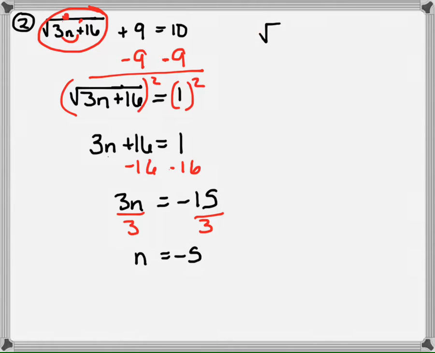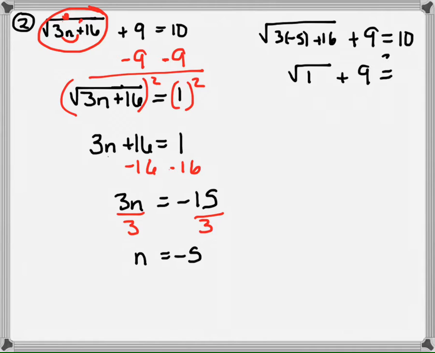So if I go back up here and plug that back in, 3 times negative 5 plus 16, take the square root of that and then add 9, I should end up back at 10. So that's negative 15 plus 16, which gives me a 1 under that square root. The square root of 1 plus 9 is 10. So that does work out.